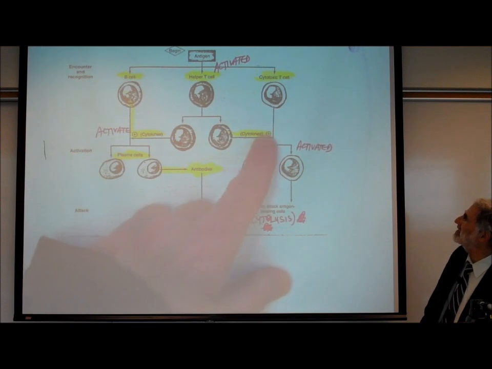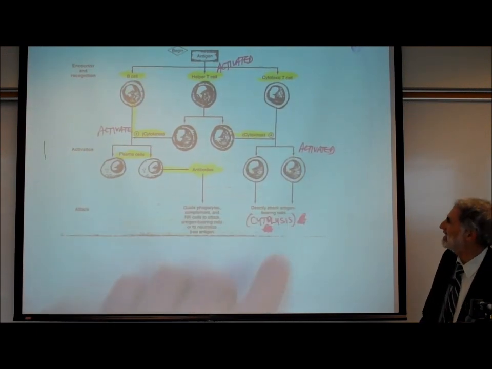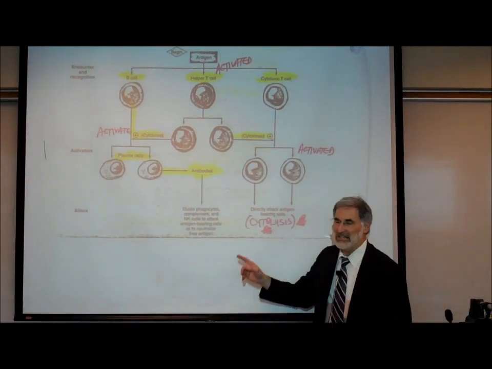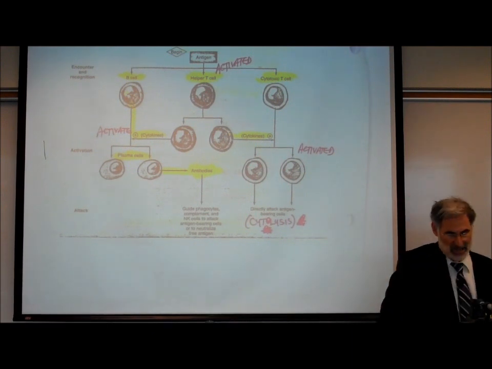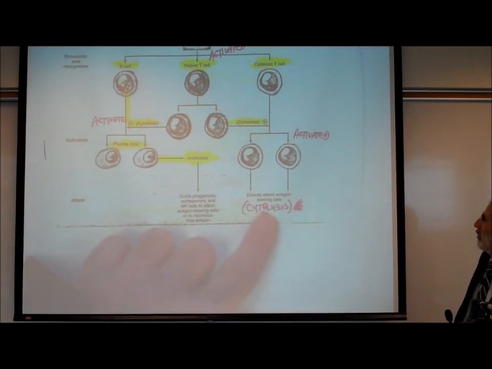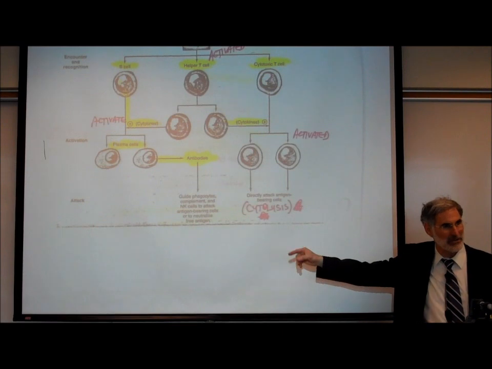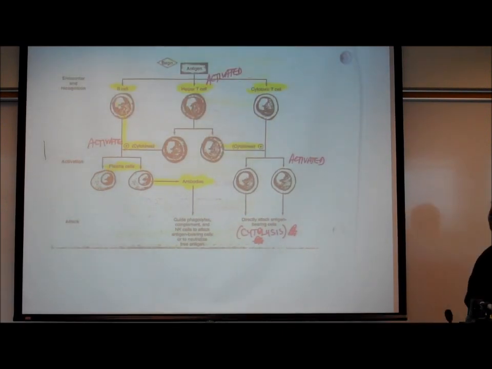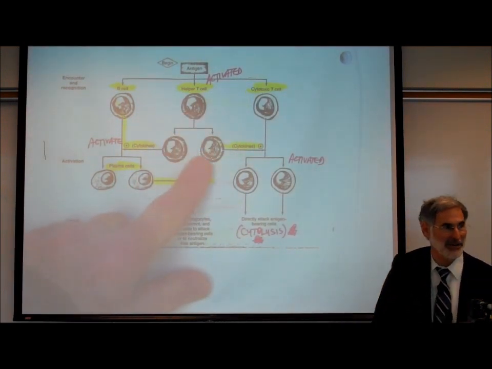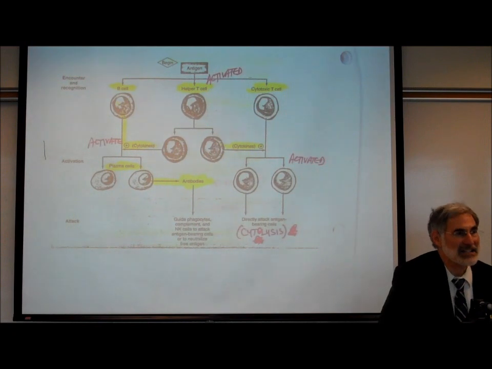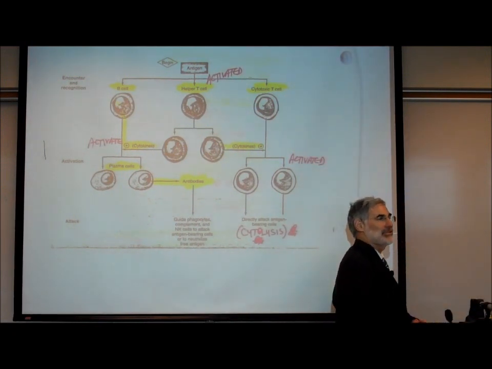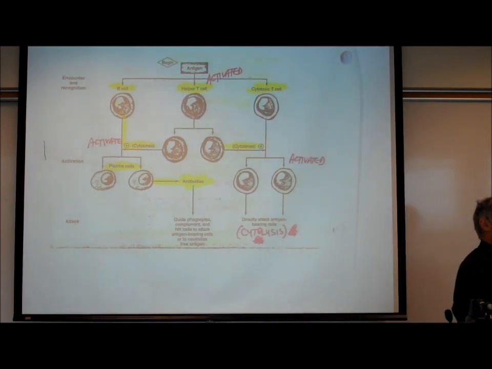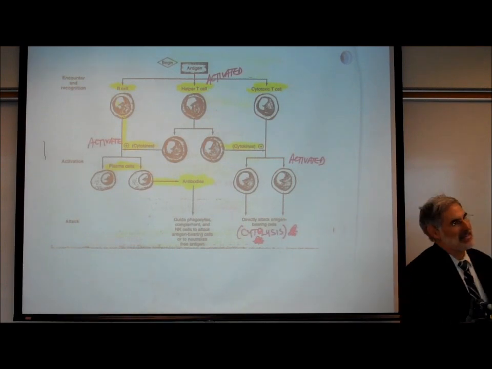When the cytokines activate the cytotoxic T cells, the cytotoxic T cells cause rupturing of foreign cells or infected cells. What did we say the HIV virus does? It destroys the helper T cells. So if you destroy the helper T cells, then you can't activate the B cells to produce antibodies or the cytotoxic T cells to attack bacteria.